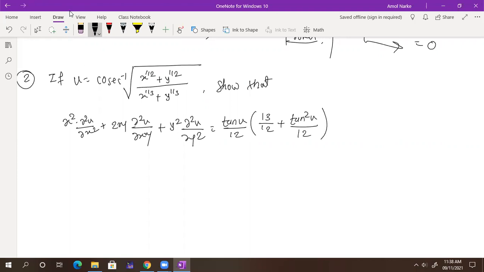They are saying show that this term is nothing but this. Find out.